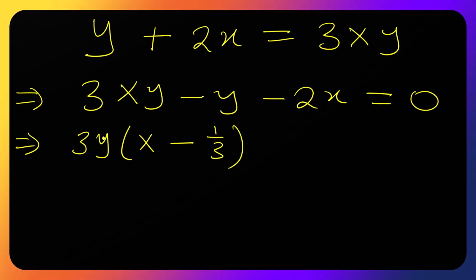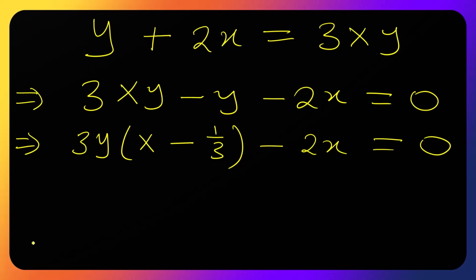Going back, 3y times x will be 3xy, and 3y times 1 over 3, this one will cancel. I still have my y here, so this side is perfect, minus 2x, equals to 0.